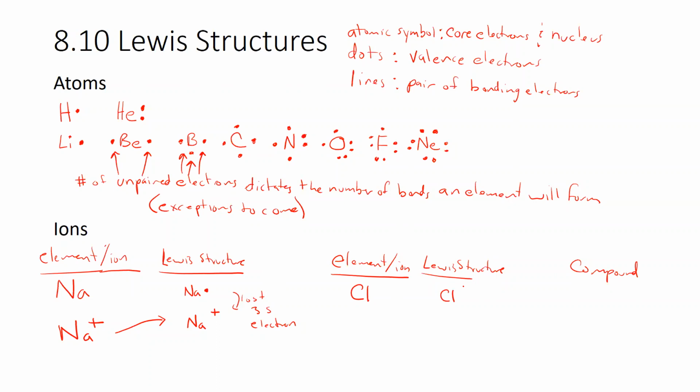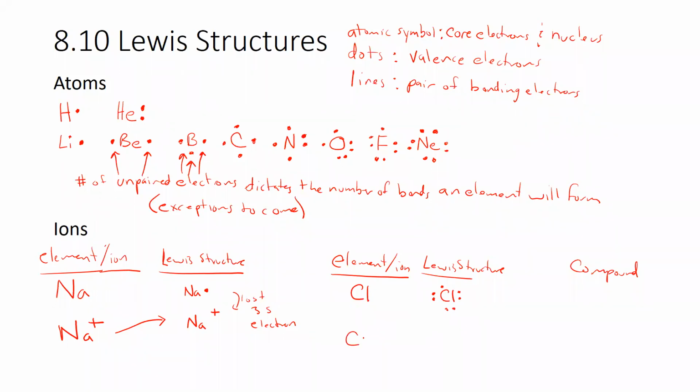And you can actually count these by looking at the group that it's in. Group 17 or 7A, depending upon the periodic table, will have 7 valence electrons. So here we have to put 7: 1, 2, 3, 4, 5, 6, and 7 valence electrons.